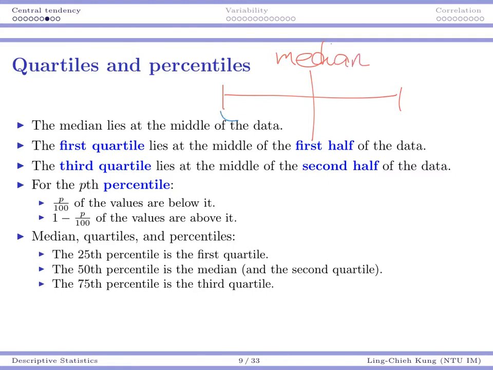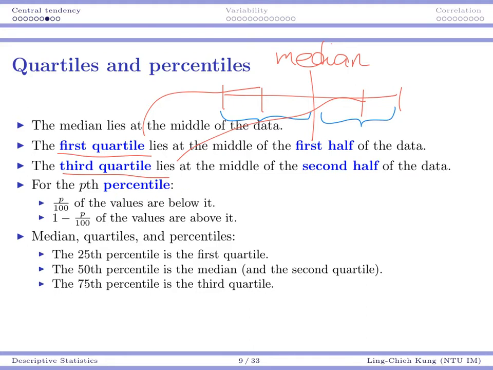Then for each half, from the first number to the middle and from the middle to the last number, I may also calculate its median, and that gives us the first quartile and the third quartile. That's just as simple as we may understand. The first quartile lies in the middle of the first half, and the third quartile lies in the middle of the second half.